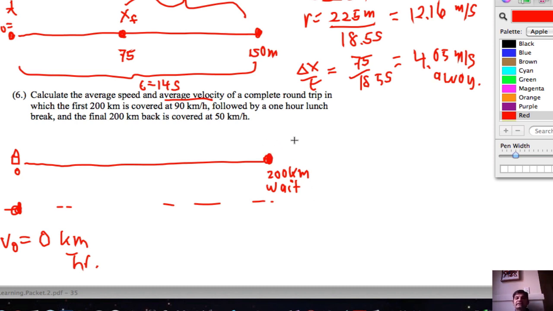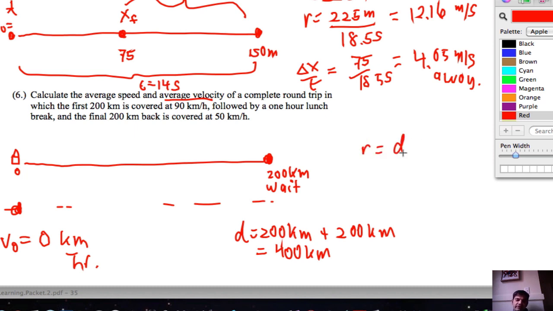So first, let's get the distance. The distance is going to be 200 kilometers there plus 200 kilometers back, which is 400 kilometers. Now, to get the speed, distance is rate times time, or distance over time equals rate.